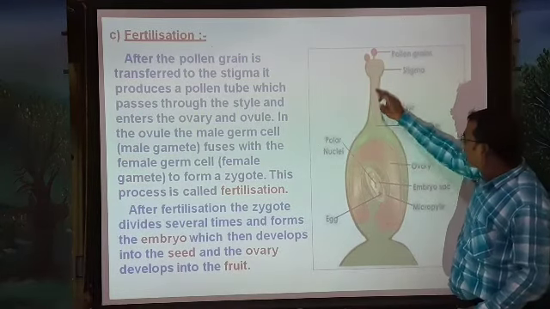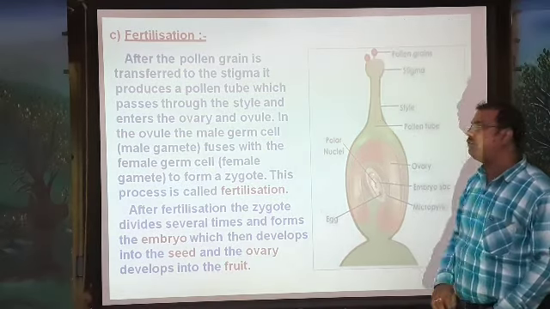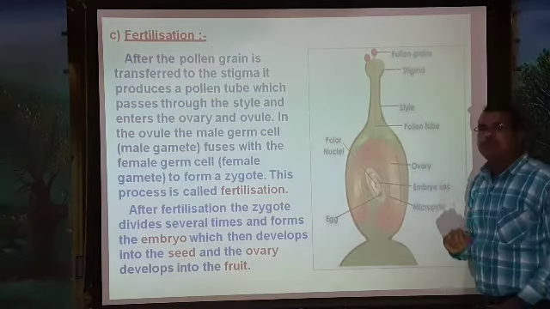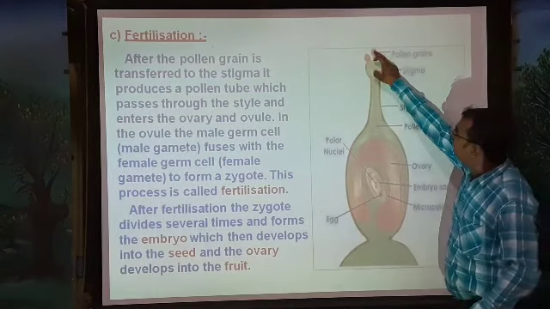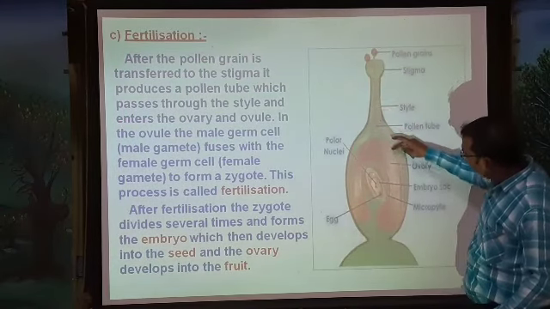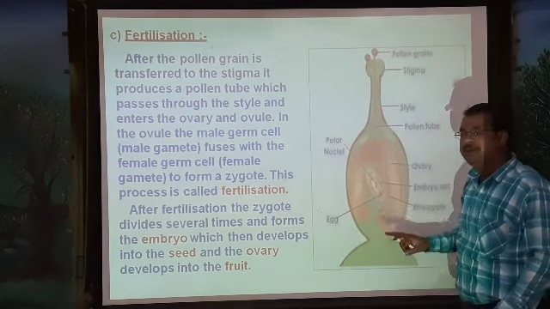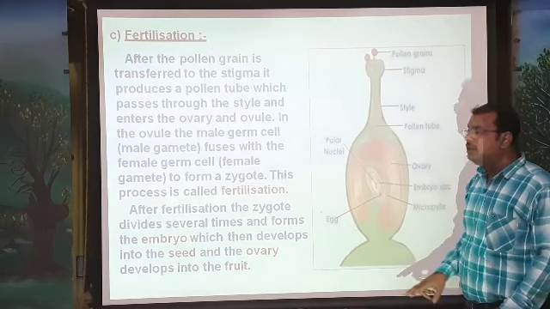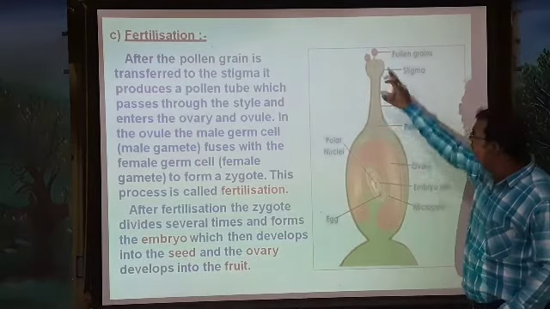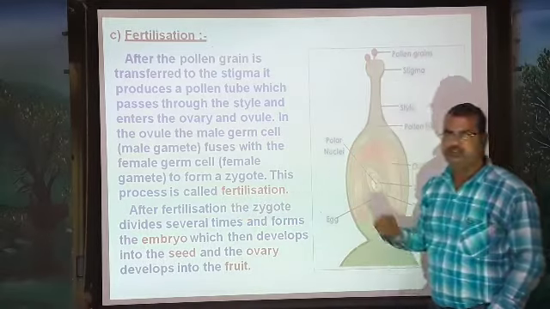This long tube-like structure developed from the pollen grains is called a pollen tube. Through this pollen tube, the male gamete travels, and finally it fuses with the egg cell which is present in the ovule. This fusion of male gamete and female gamete is called fertilization.